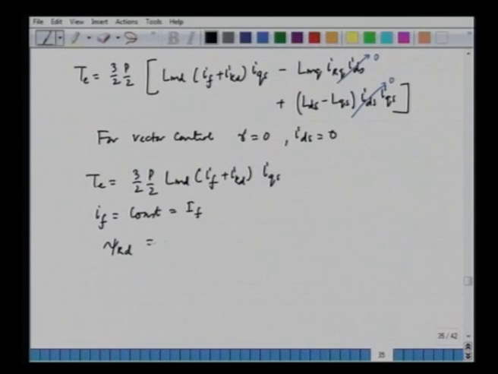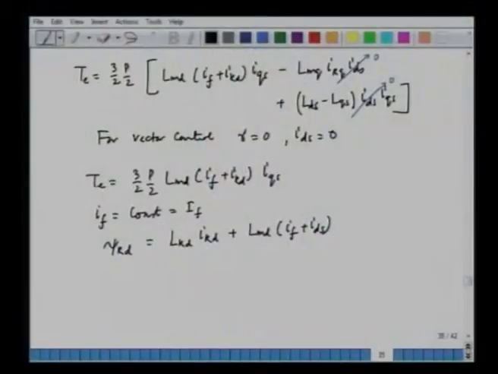Psi KD is equal to LKD into IKD plus LMD into (IF plus IDS). But under the condition that we are operating with vector control, IDS is 0. So this quantity does not exist, and IF is constant.